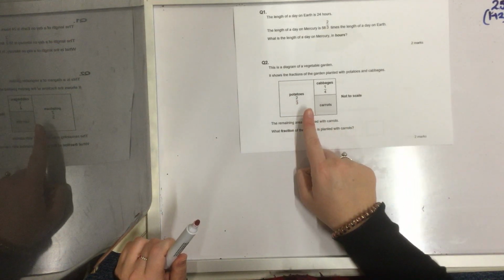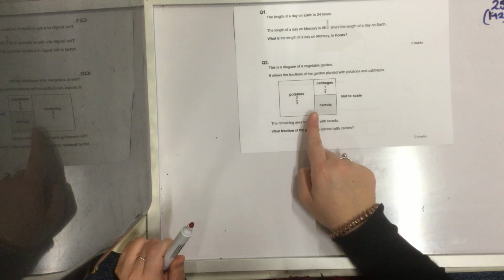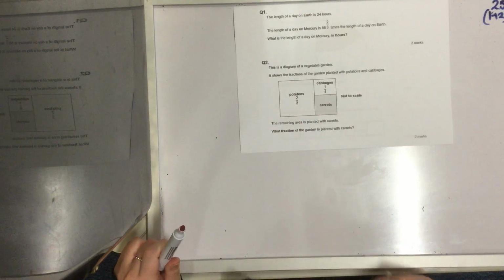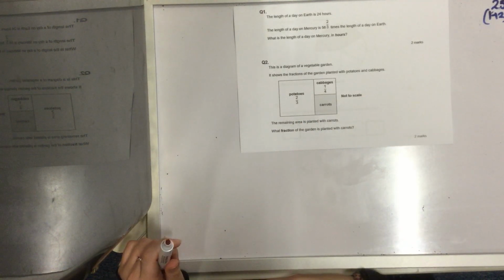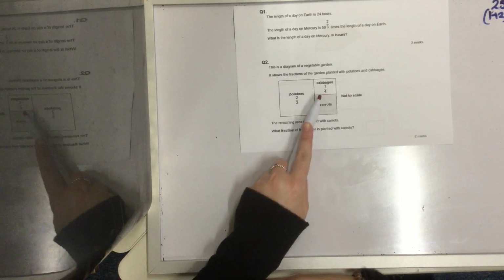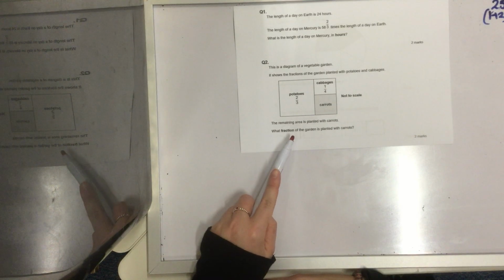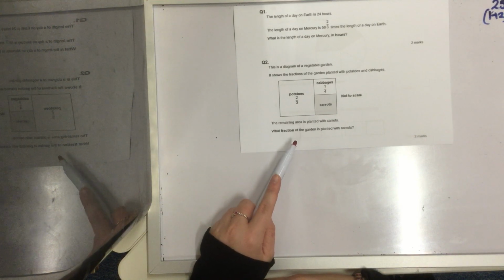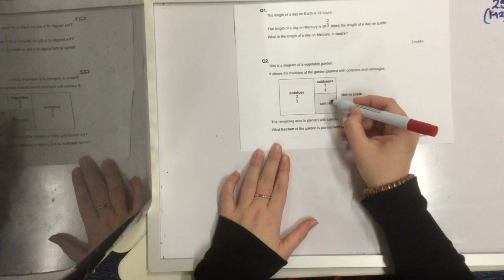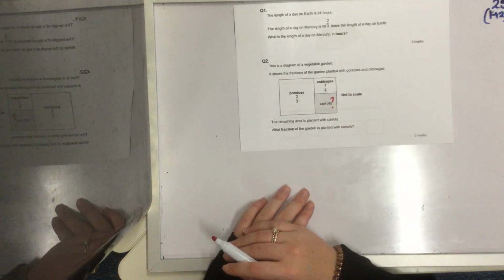So this is a diagram of a vegetable garden, and it shows the fractions of the garden planted with potatoes and cabbages, which we can see here. The remaining area is planted with carrots. What fraction of the garden is planted with carrots? So it's this area here we are looking to find out.